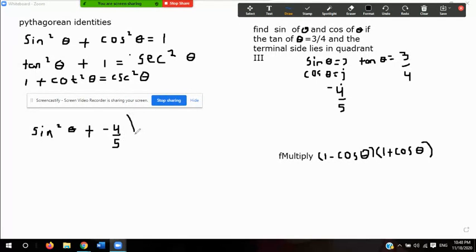Negative 4/5 squared equals 1. So the sine squared of theta remains the same, and instead of negative 4/5, it would be 16 over 25.